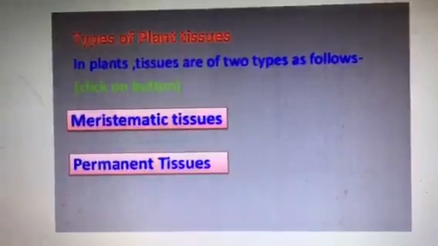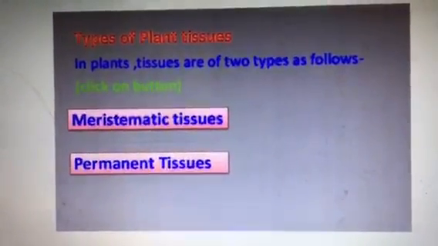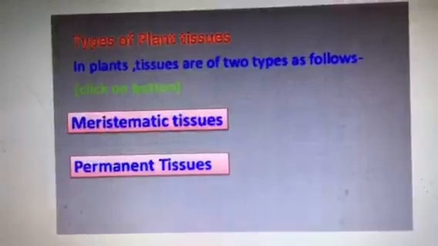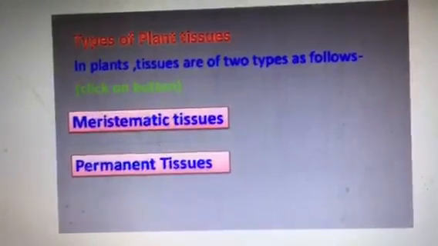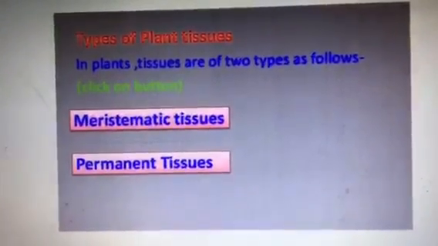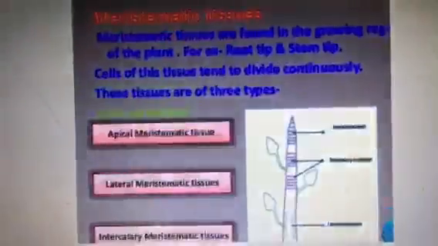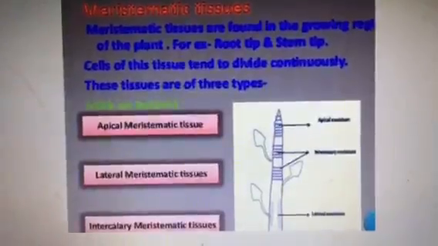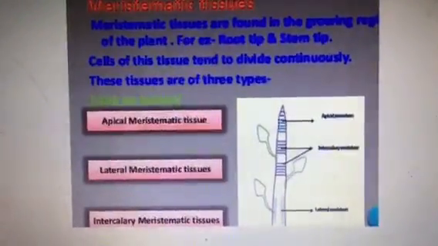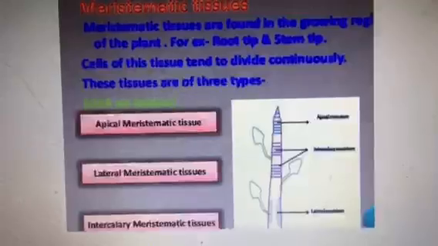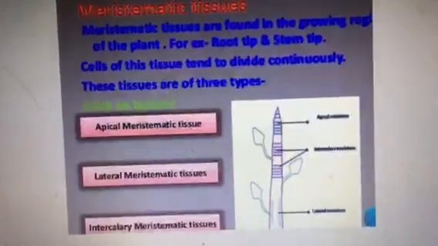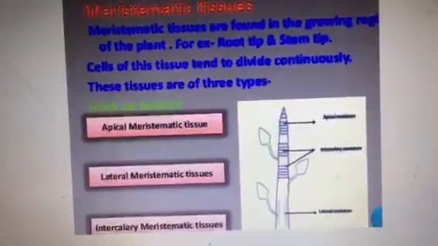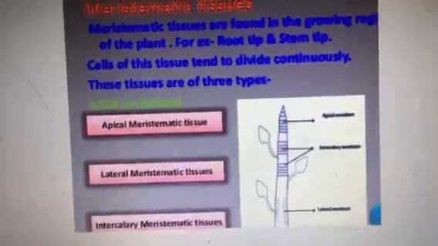So plant tissue can be divided into two types: meristematic tissue and permanent tissue. Meristematic tissue is very active. It has dense cytoplasm, thin cellulose walls and prominent nuclei, but it lacks vacuoles.